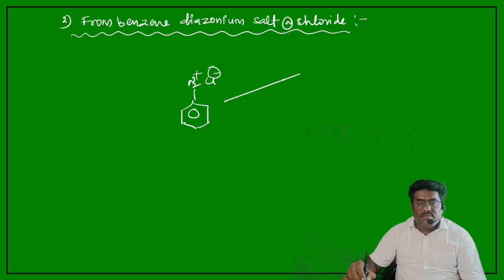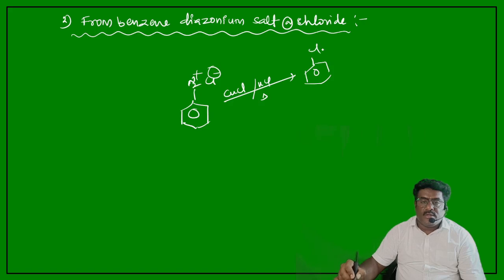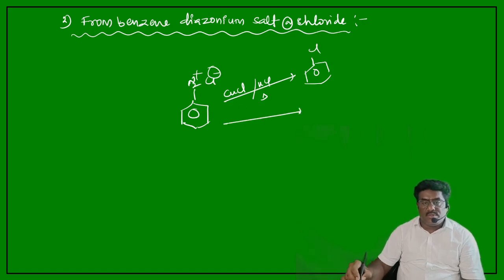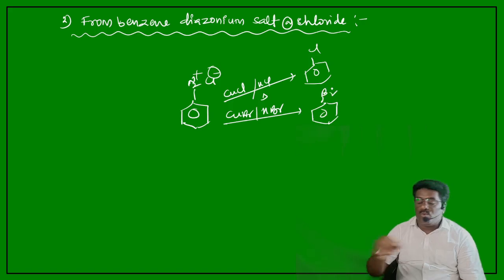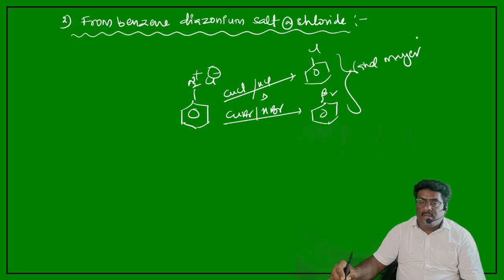In presence of cuprous chloride, CuCl, and HCl, heating, it gives chlorobenzene. In presence of CuBr and HBr, it gives bromobenzene. It is a Sandmeyer reaction.